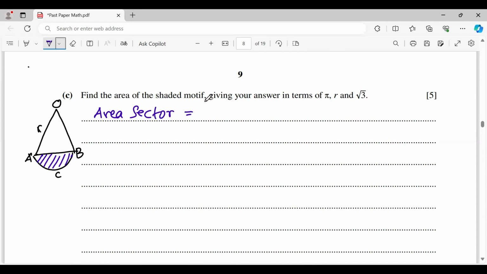The sector AOBC is k pi over 2 pi times pi r squared, because this angle is k pi.